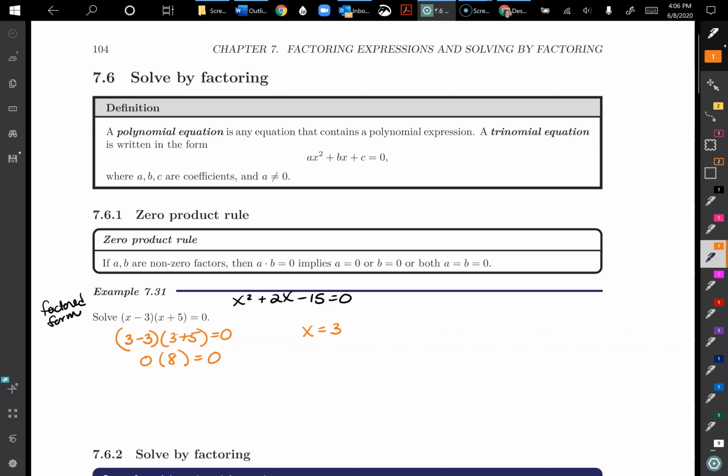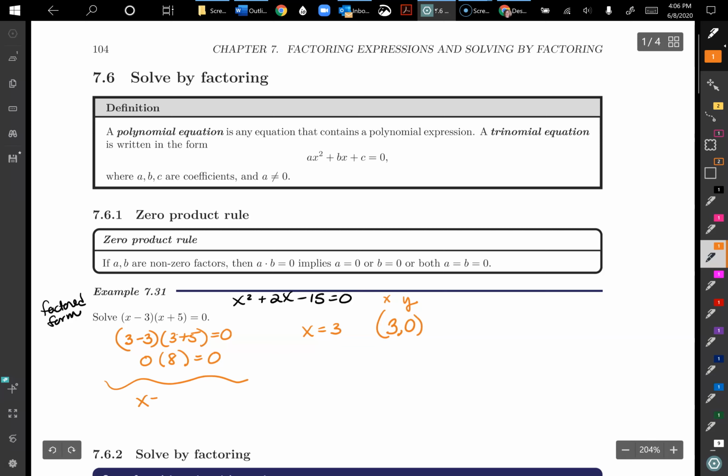And that would be at the point (3, 0). That's my x, and that's my y. Now, if I had x equal to negative 5, that would also be true.